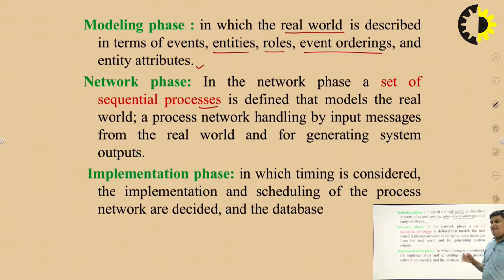So basically this phase is responsible for correlating all the events and for generating the output. And the last one is the implementation phase, in which timing is considered. The implementation and scheduling of the process network are decided.